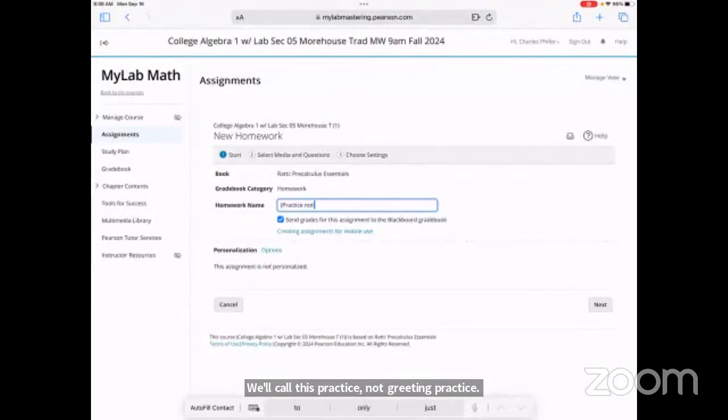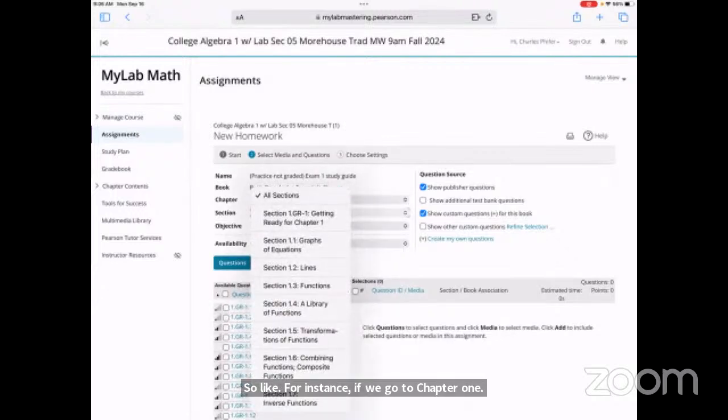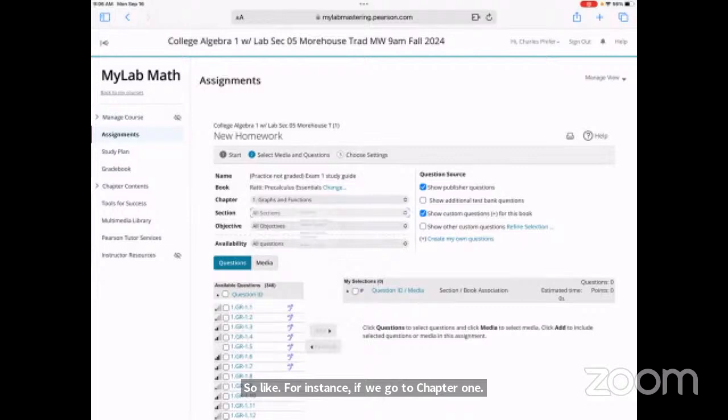We'll call this exam one study session, study guide. And all I'm going to do is just pull as many questions from these three sections as I can. So for instance, if we go to chapter one, let's just limit it to section 1.1. I'll just dump all of them and we'll jump around.